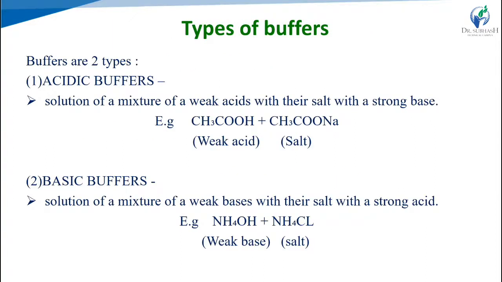Now the types of buffer. Acidic buffers are a mixture of a weak acid with its salt, that is, the conjugate base of a strong base. For example, acetic acid plus sodium acetate, where the weak acid is acetic acid plus its salt. Similarly, basic or alkaline buffer solutions are a combination of a weak base with its salt, the conjugate acid of a strong acid.